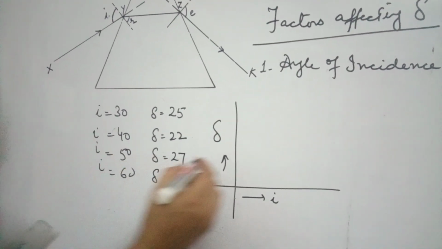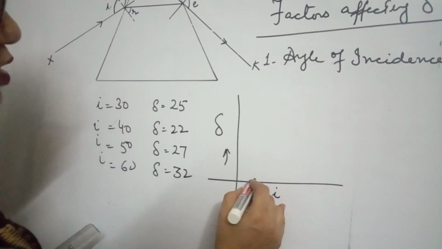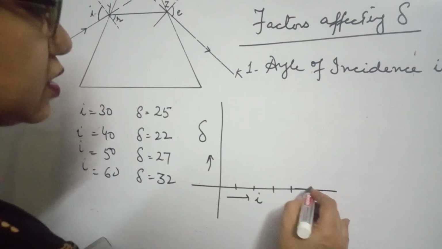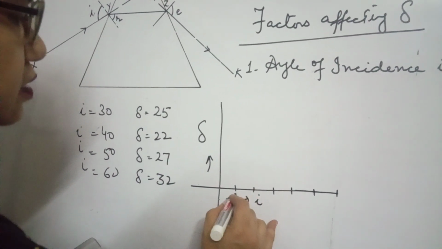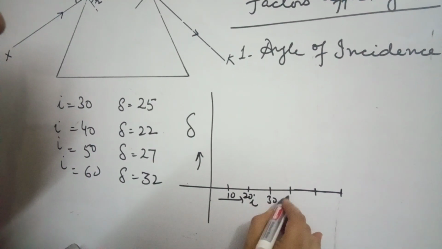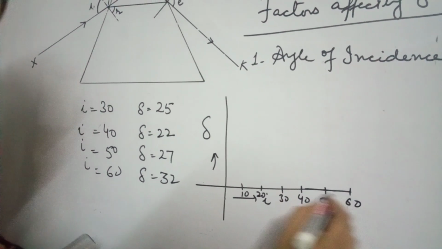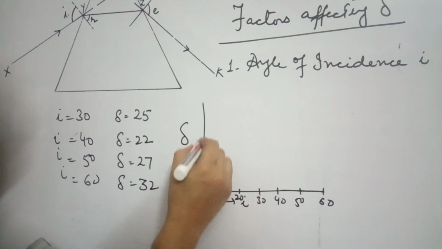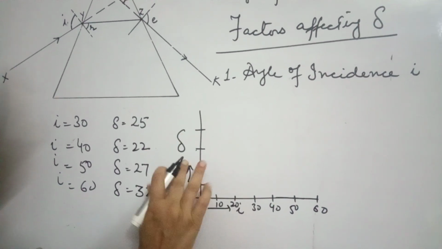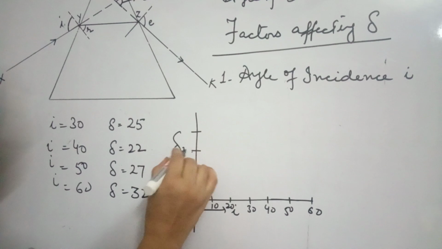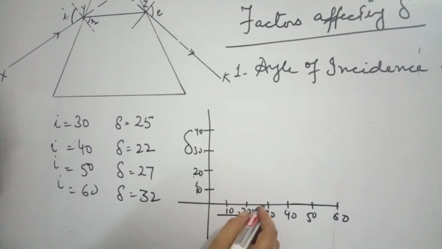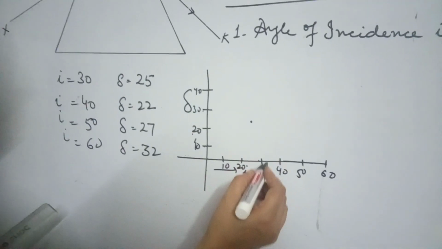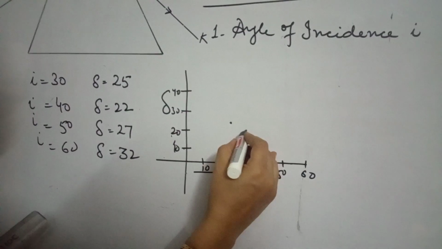You will see a graph like this. Suppose on this axis you consider 0, 10, 20, 30, 40, 50, 60, and on this side 10, 20, 30, 40. For 30 this value is 25. For 40 the angle is 22.